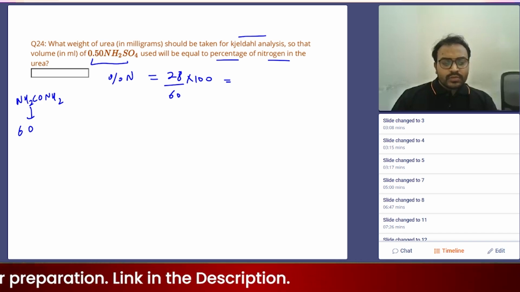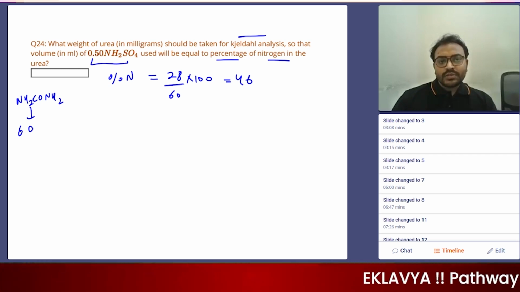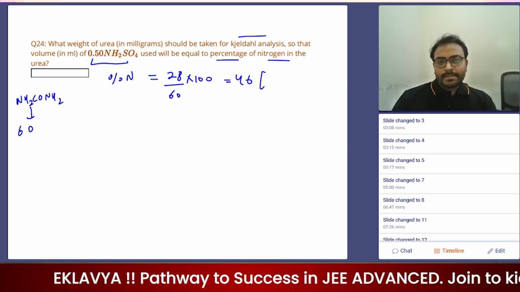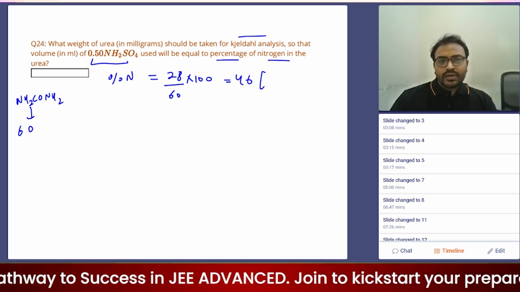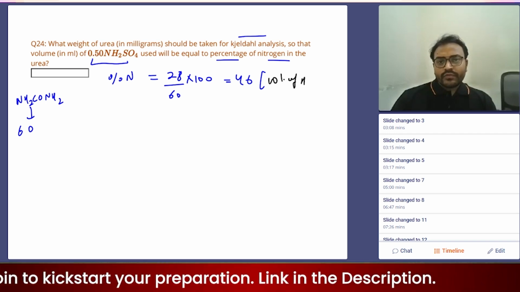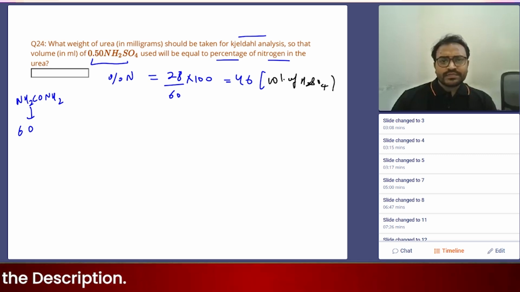We calculate this value and we get 46. So this is 46% of nitrogen present in 60 gram of urea. Because in the question it is given, this will be the volume of H2SO4, right?